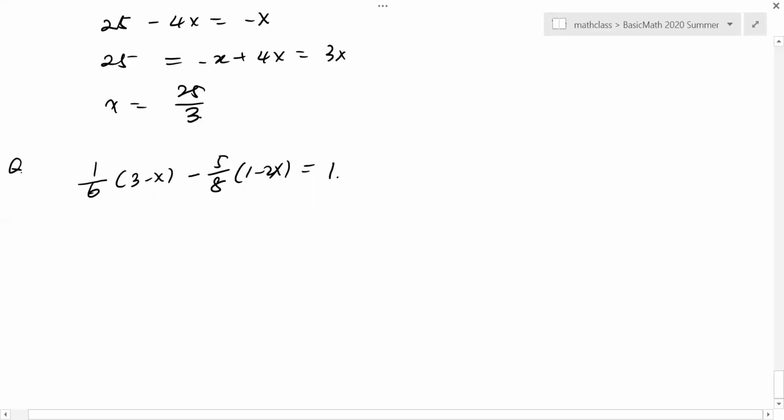Don't make a very large number. Okay, it's the least common multiple of 6 and 8. It will be 24, I think, right?